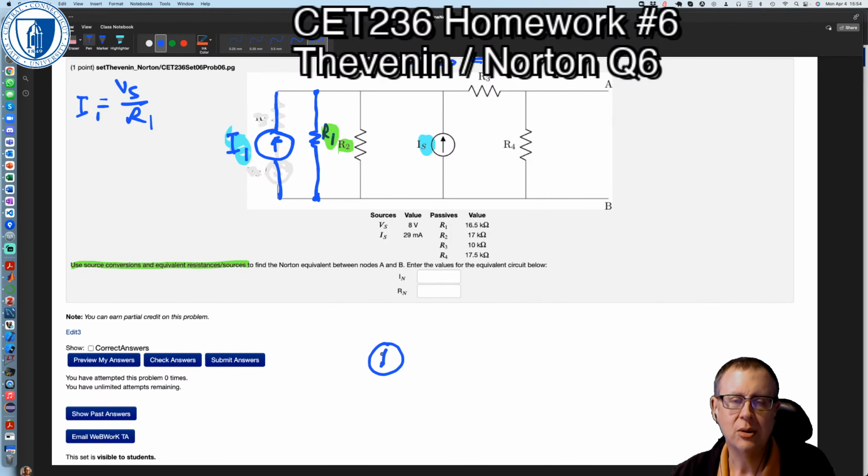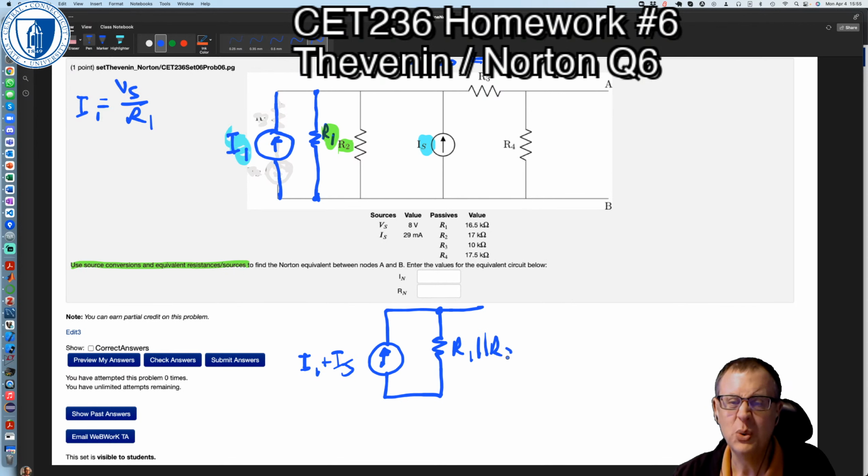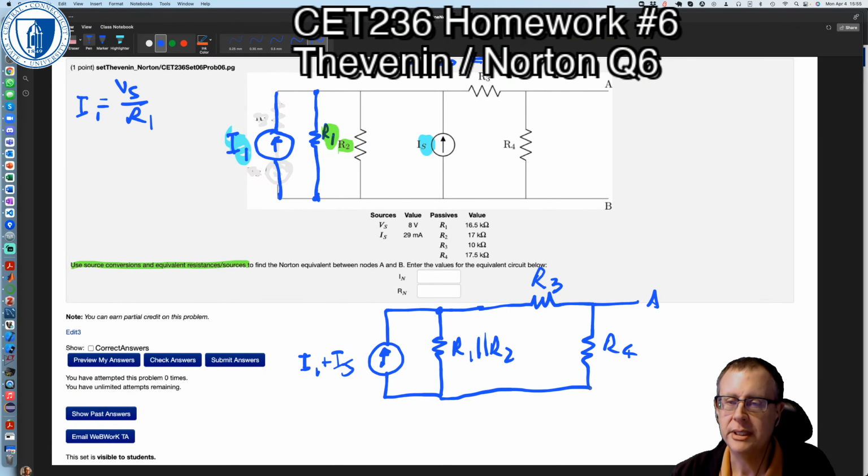It's going to have one current source, and that current source is going to be equal to I1 plus IS, and then it's going to have a single resistor, and that single resistor is R1 in parallel with R2, and then all we've got left is R3 and R4, and our A and our B are here.